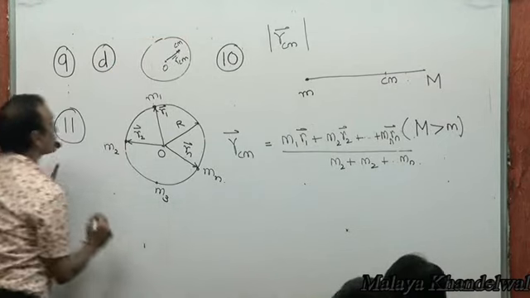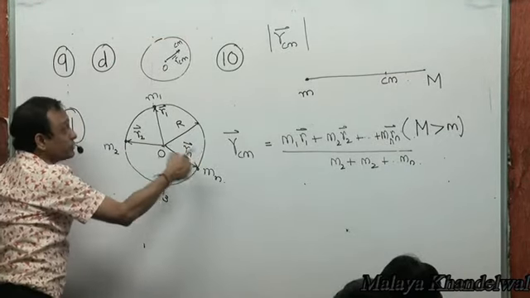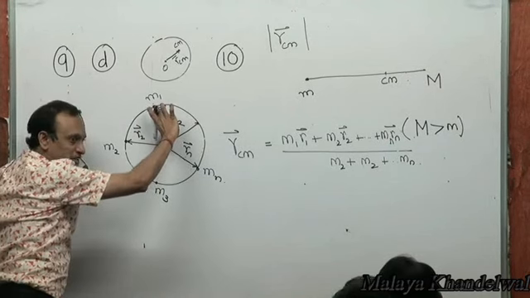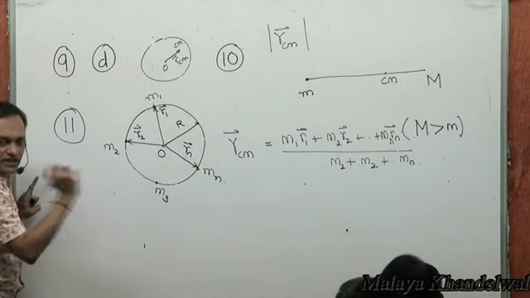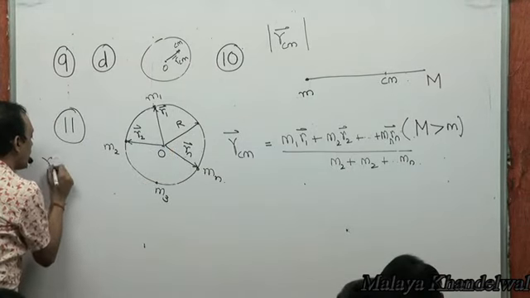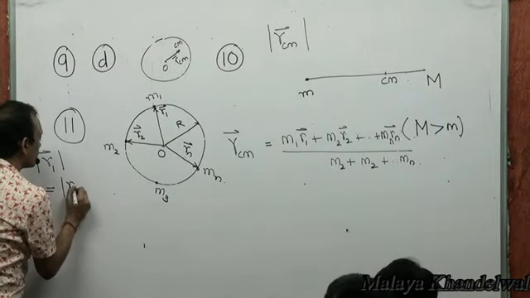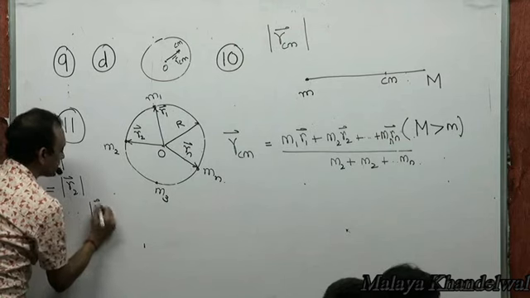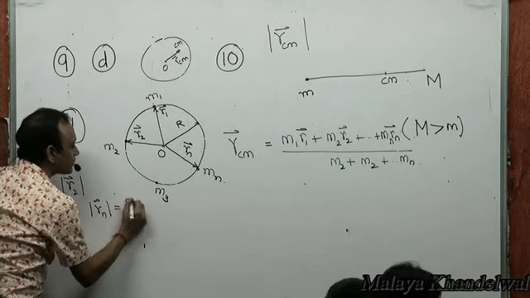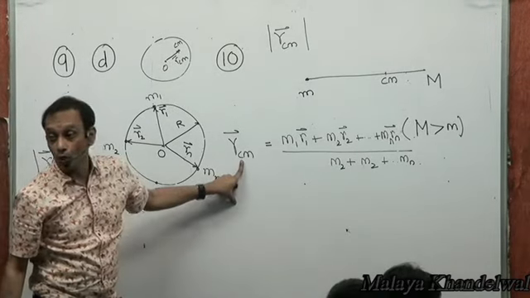And realize that even though these vectors R1, R2, R3, Rn are different, mod R1 will be the radius R, mod R2 will be the radius R, mod Rn will be the radius R, yes or no? That means mod R1 is the same as mod R2 is the same as mod Rn. Each will be equal to R, yes or no? I need mod RCM.